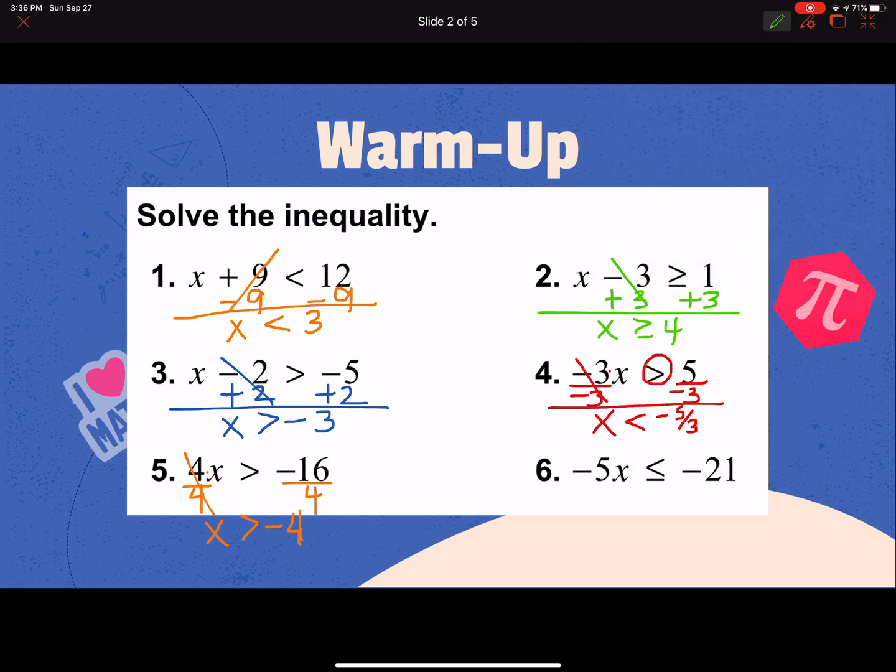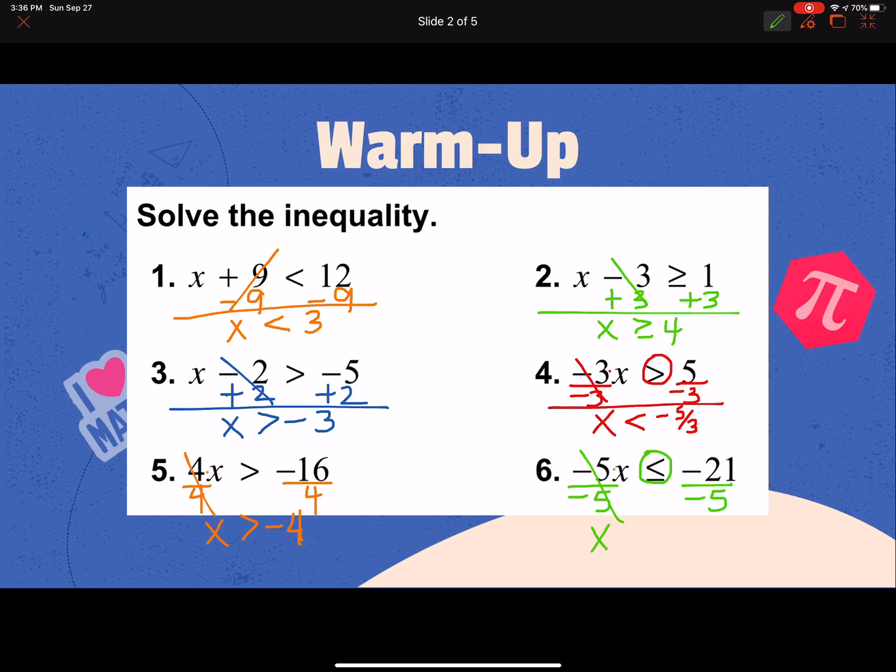Okay, number 6, negative 5x is less than or equal to negative 21. Negative 5 and x are being multiplied, so we are going to divide both sides by negative 5. You might want to remind yourself to reverse that inequality sign.